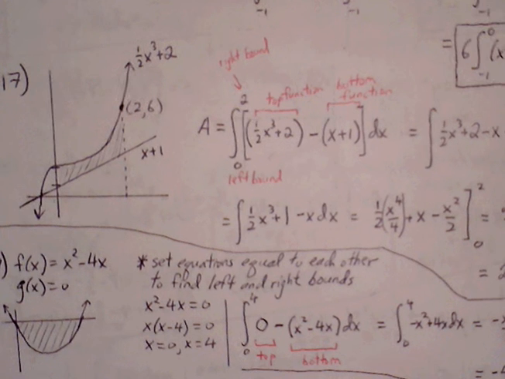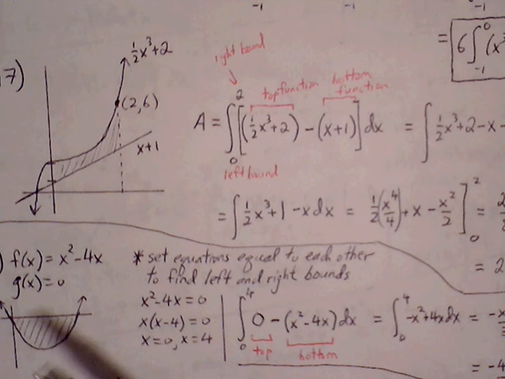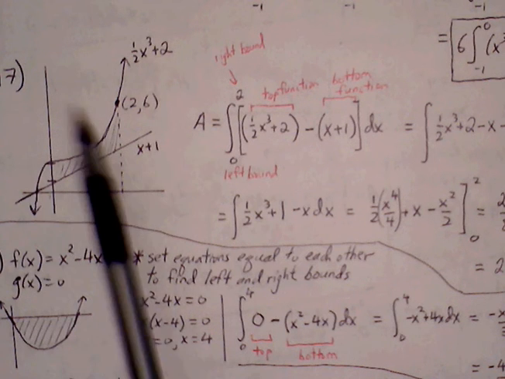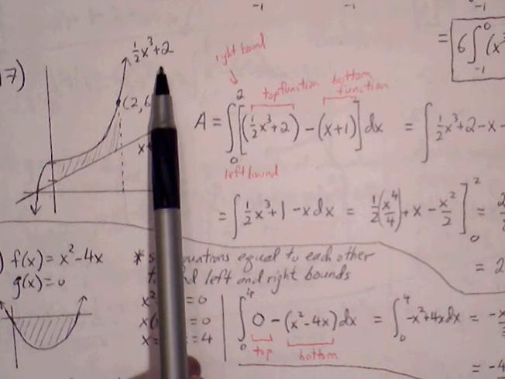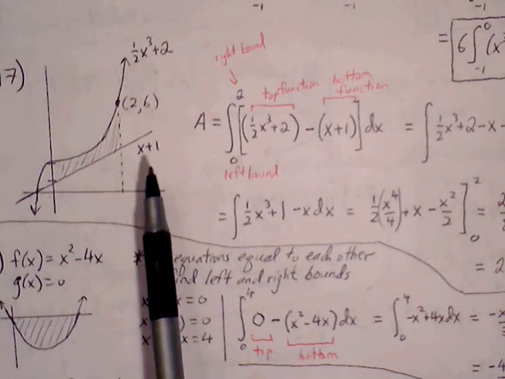All right, 17, we may actually need the help of our calculators. We have our graph. The first function is 1/2 x cubed plus 2. And the second graph is x plus 1.